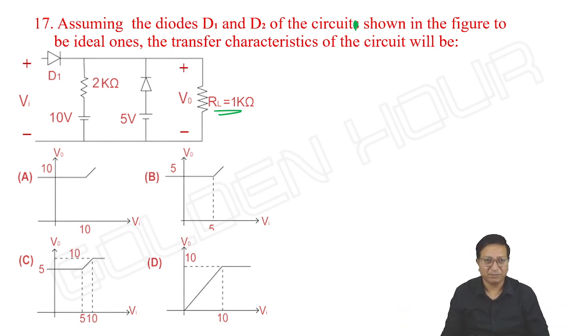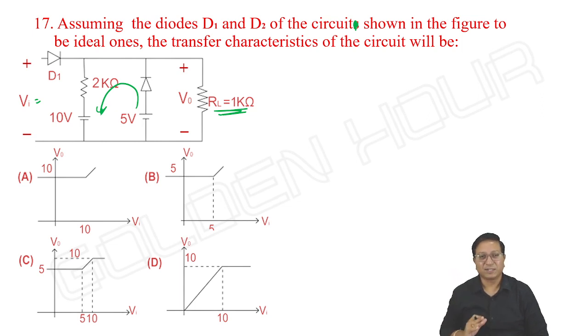The procedure remains the same. In the first case, when the input is at its negative peak or negative, D1 is off. What about D2? Earlier, D2 was also off because the entire current was going like this if D2 conducts. But now a finite resistor is connected. When a resistor comes in parallel with diodes, we should be very careful.